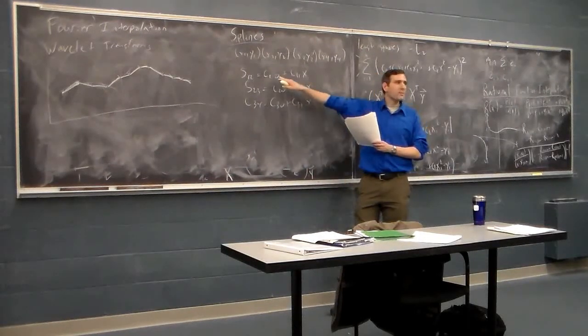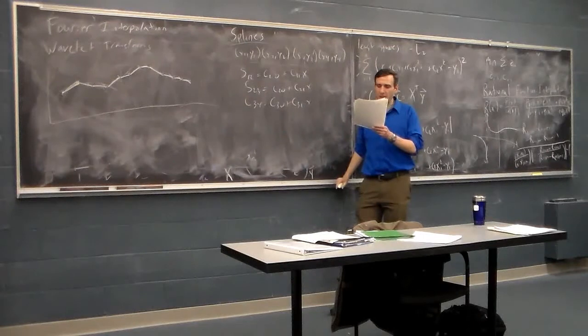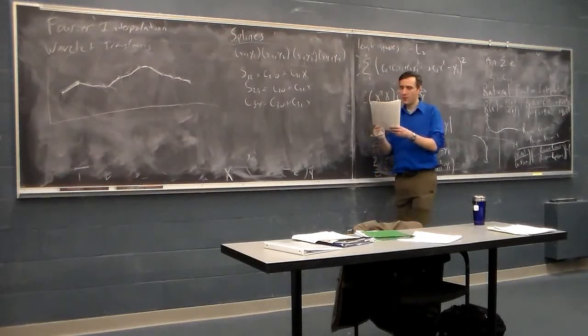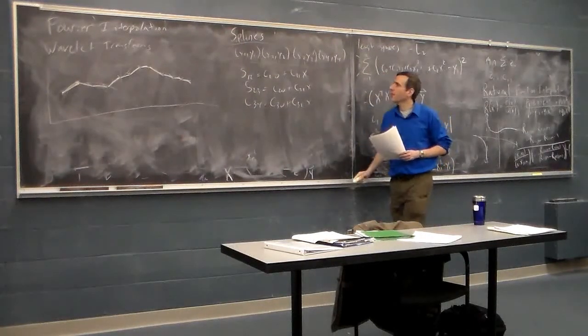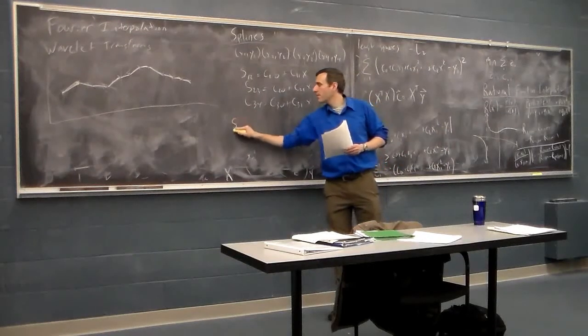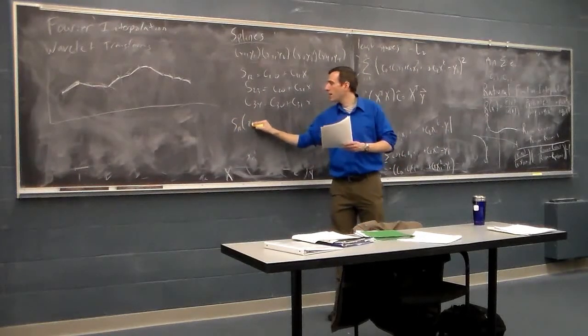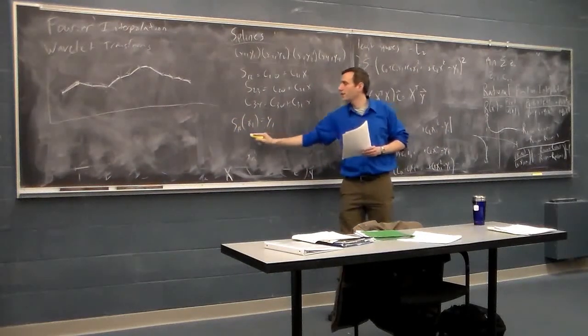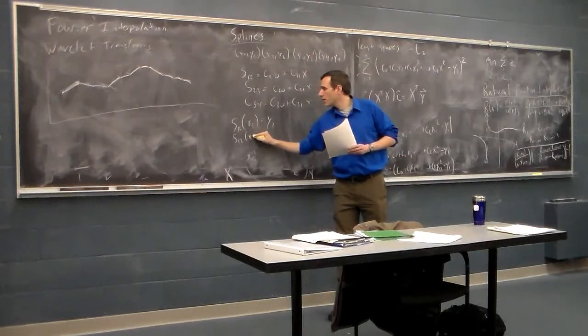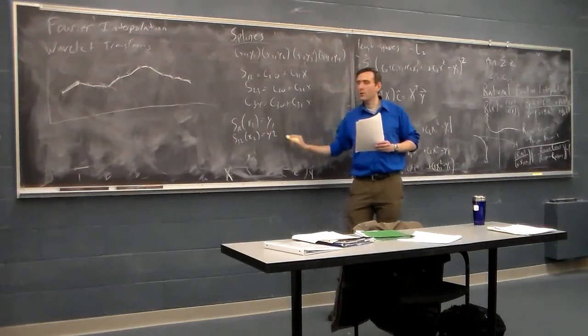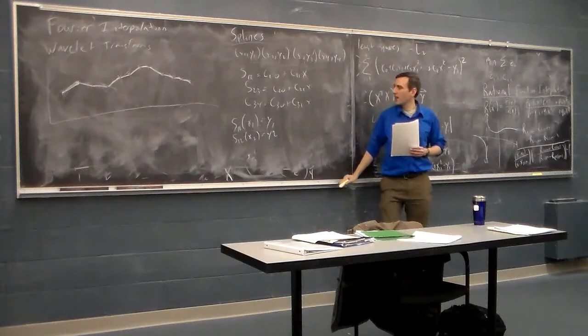So what I'm claiming about these points is that they satisfy a few different constraints. We're claiming that S12 of x1 is equal to y1, and that S12 of x2 is equal to y2. That's what S12 has to satisfy.